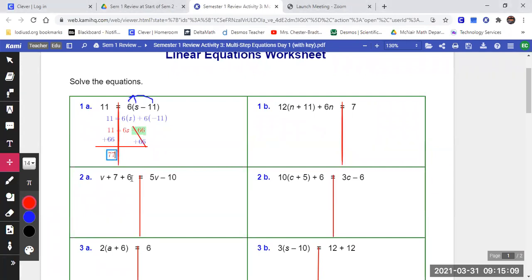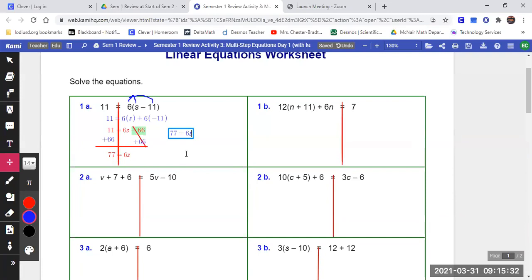And that 77 is going to equal what was left on the right-hand side, 6s. Okay, and I'm going to take that up because I've run out of space. I'm going to put it up over here so I can continue.